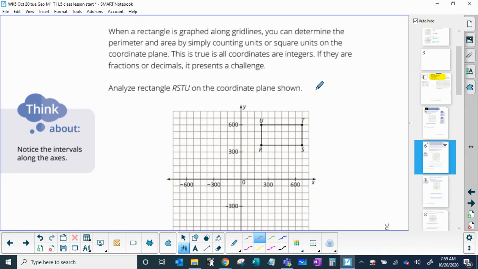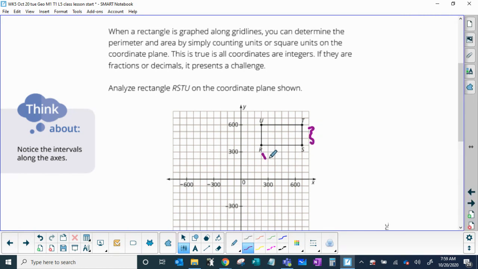On this one, all we're going to do is find that distance and find that distance. Well, I see a 400 and a 600, so that's 200 units. And from here, 1, 2, 3, what is that? Let's see, 300 to 600, 1, 2, 3, 4, 5.